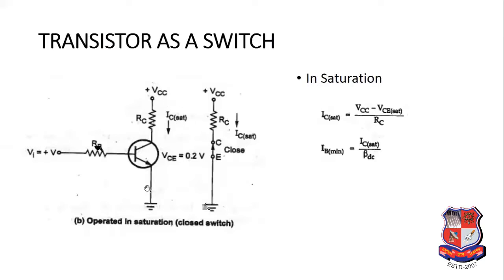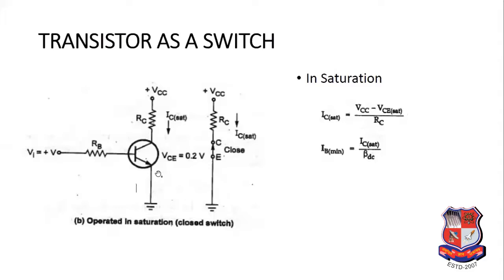We have seen the equation IE is equal to IB plus IC, so we get some emitter current. In this configuration the collector emitter part acts as a closed circuit, indicated here by a closed switch.